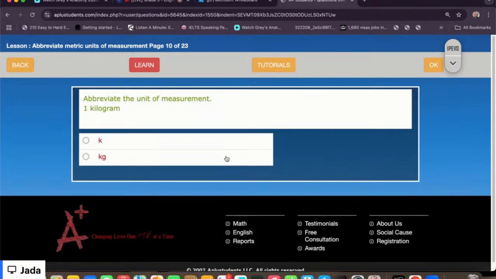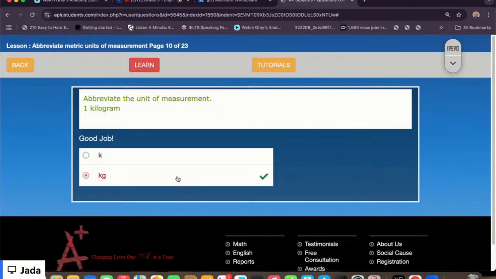So what is 1 kilogram? All right, so 1 kilogram.